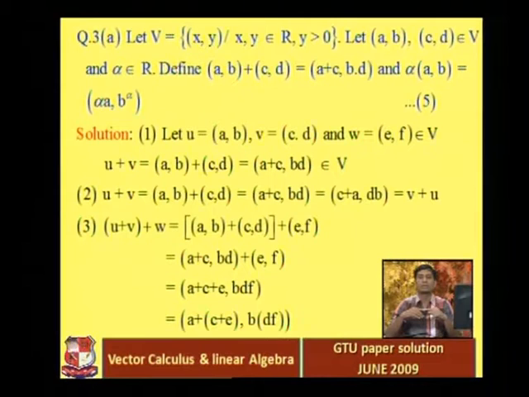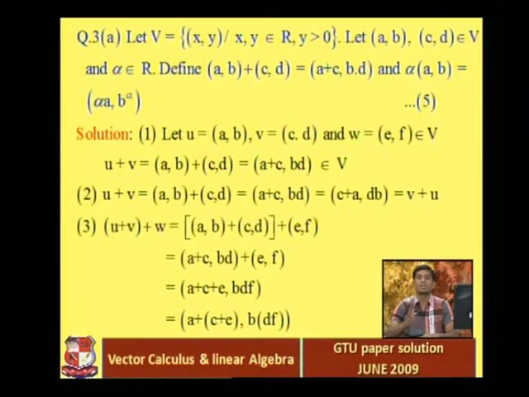The first one is closedness, that means if u, v belong to the set V, then we have to prove that u plus v also belongs to V. Then associativity: (u plus v) plus w equals u plus (v plus w).